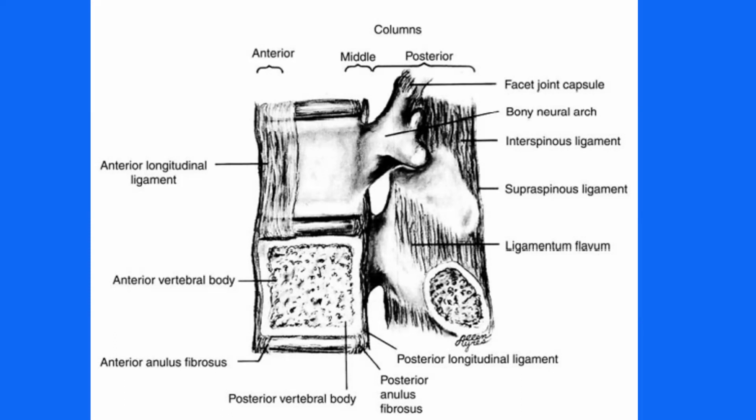So don't forget this shock absorber. Don't forget that this shock absorber does not have a blood supply. It receives its nutrition by means of imbibition. Imbibition by seepage of fluid through the annulus, through the cartilage end plate to give nutrients to the various portions of the disc.